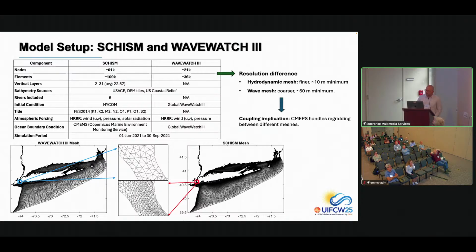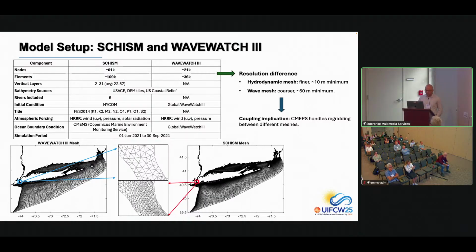Here are the details of the model setup for hydrodynamic. SCHISM uses around 61K nodes and up to 31 vertical layers. WaveWatch 3, on the other hand, has 21K nodes, so a smaller, coarser mesh. They have different boundary conditions and atmospheric forcing, and the simulation period starts on June 1st up to September 30th, 2021.